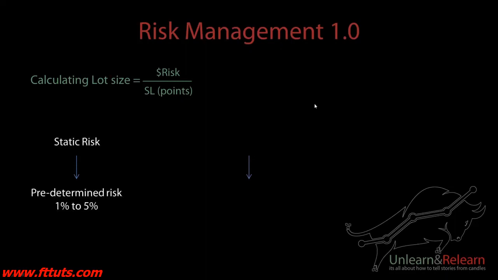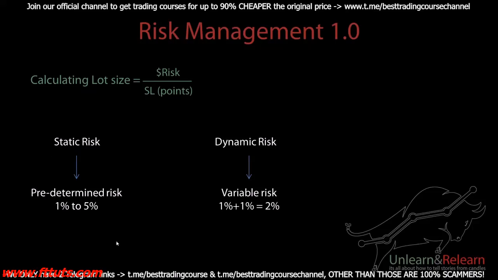Now risk is basically divided into two parts, right? Number one is your static risk. Number two is your dynamic risk. Most people like to use static risk, and when you're a new trader, I would recommend static risk. What static risk means is that you're approaching a trade with only one position, and one position is just one risk.